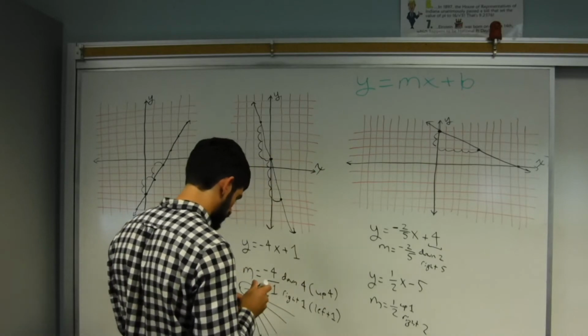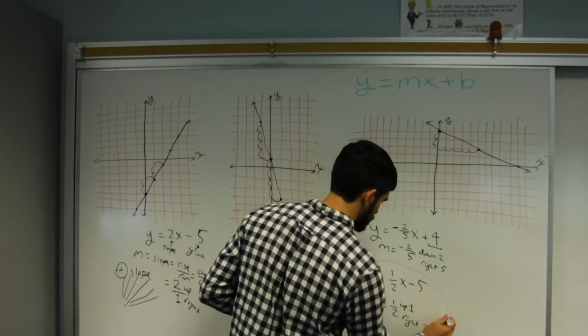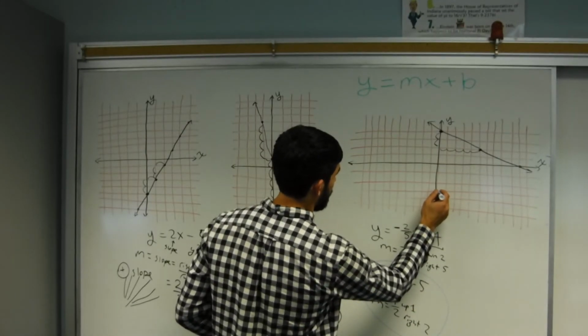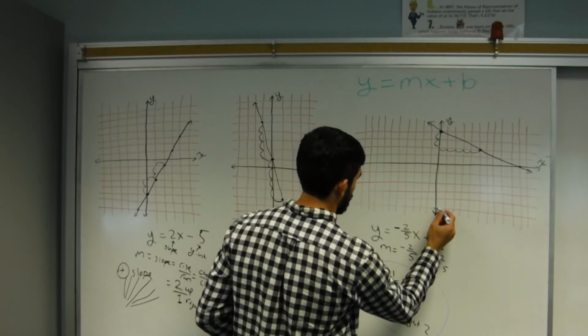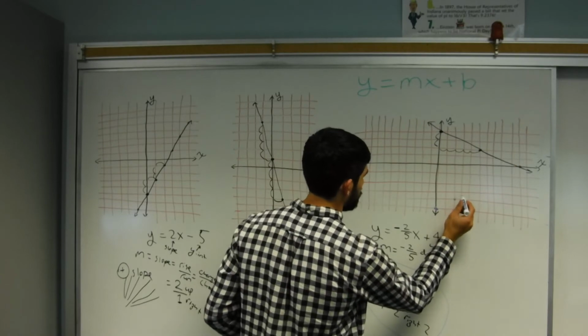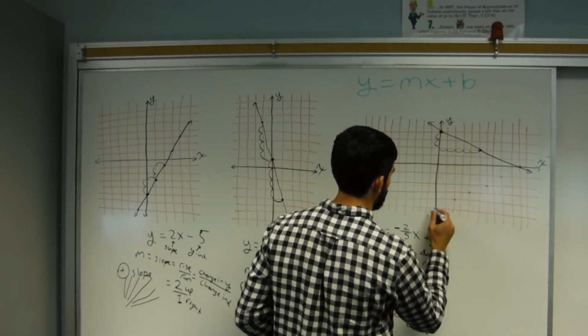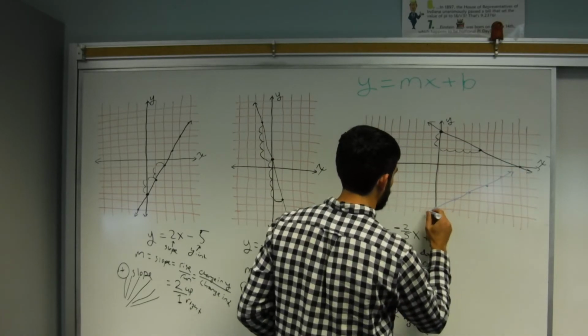So I'll graph this one in blue. Our y-intercept is -5. We're going to go down 5. Then we're going to go up 1 and right 2. Up 1, right 2, up 1, right 2, up 1, right 2. So this line would look like that.